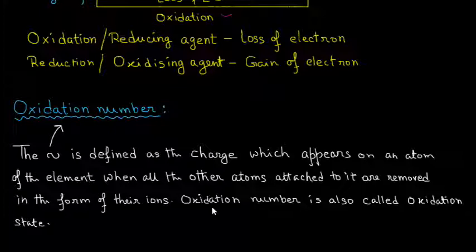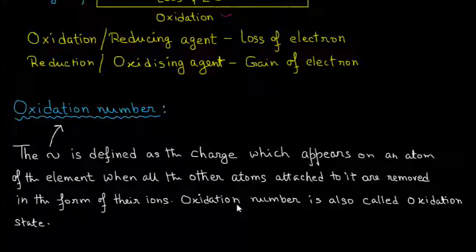So in a simple way we can say that in a compound, if all the other atoms are removed, whatever is the charge of a particular element in that compound is called the oxidation number.